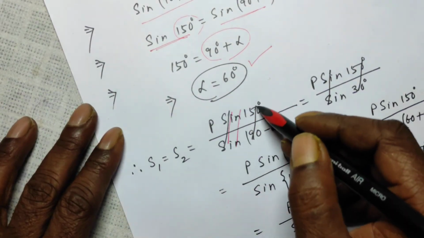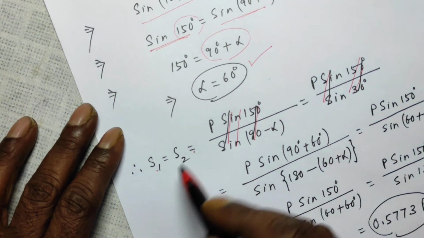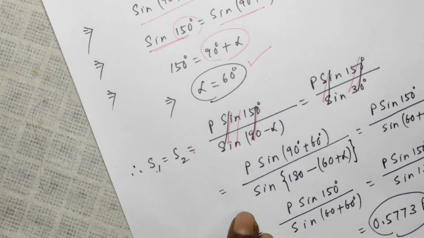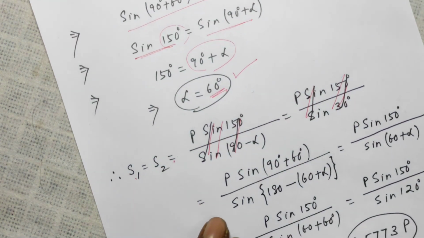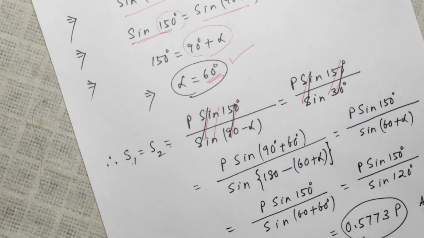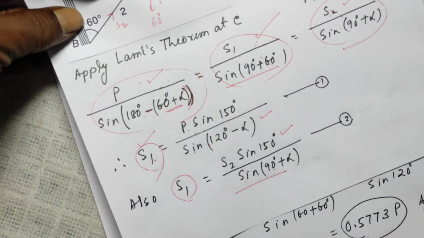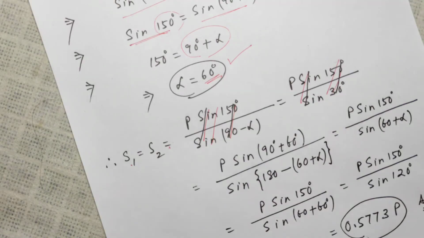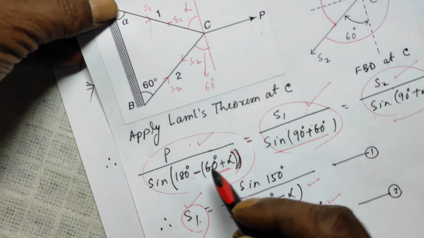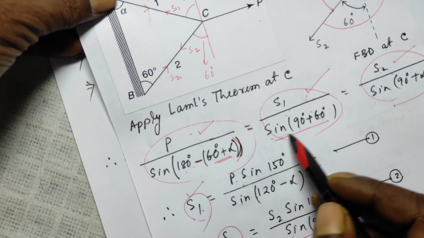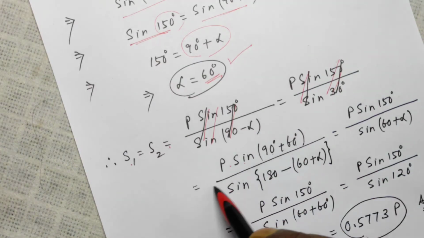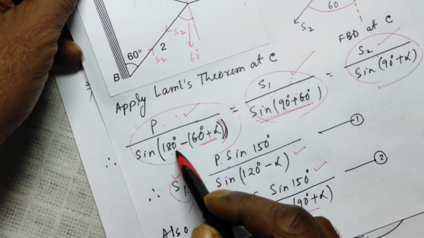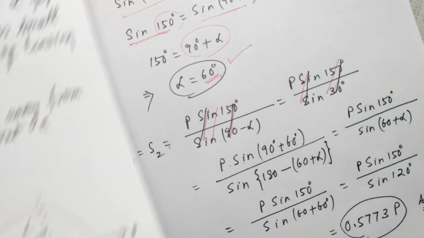So therefore S1 is equal to S2, and since I have found alpha, using P times sine 90 plus 60 over sine of 180 minus (60 plus alpha). Sine of 180 minus theta is the same thing as sine theta, that is sine of 60 plus alpha.